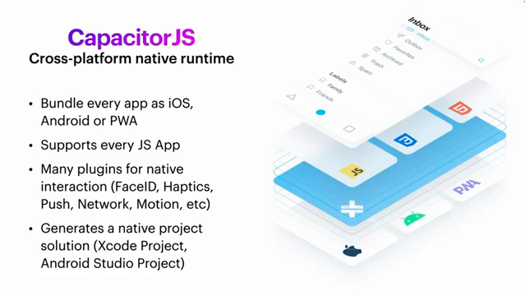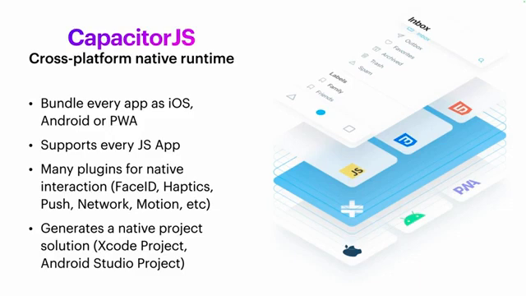Apache Cordova was not that great for building modern applications with web technologies, so the Ionic team decided to build their own native runtime, and so they introduced the native runtime called Capacitor.js. So you can bundle every application targeting iOS and Android and also PWA, so you can handle the build process for all three platforms with one runtime environment.